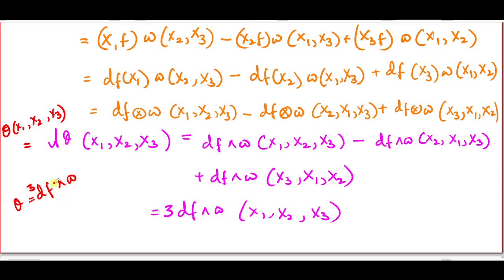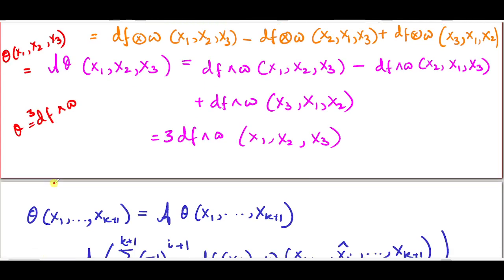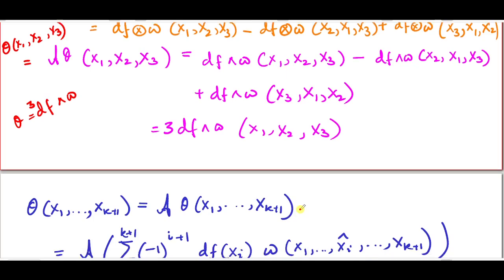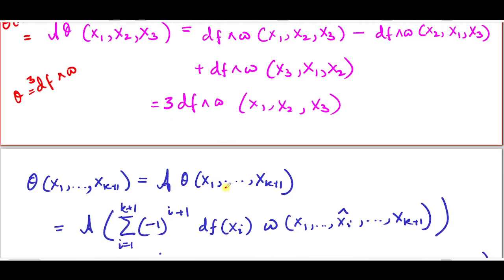Now, in the general case, we will have theta fed a bunch of k plus 1 vector fields as arguments. As we have argued, this must be the same as the alternator acting on theta fed with the same bunch of arguments. And here all I have done is written out theta explicitly in the form of this sum, where you have df xi and omega with a bunch of arguments which is x1 through xk plus 1, but with the xi dropped.